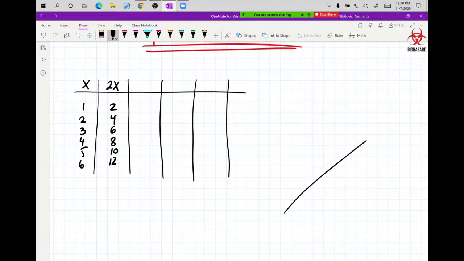So if x grows this way, then x squared grows that way. It's faster, gaining y values quicker. But then we have x squared, which is 1, 4, 9, 16, 25, and 36. We see that's growing even faster than what we have.